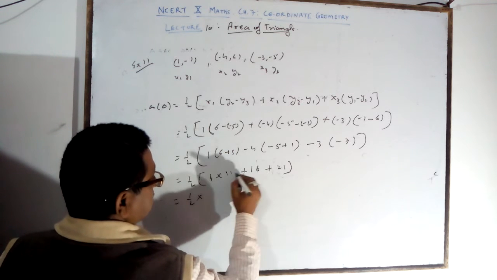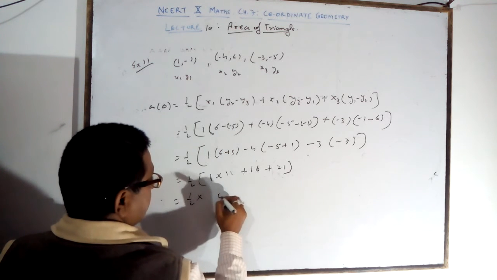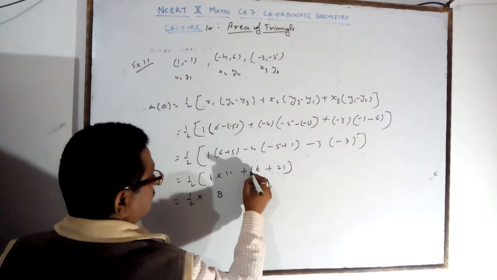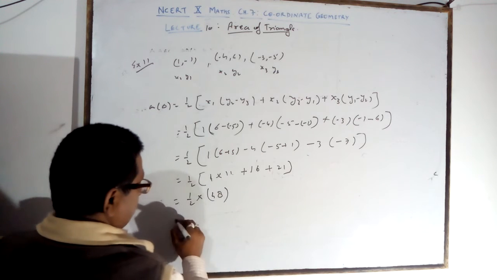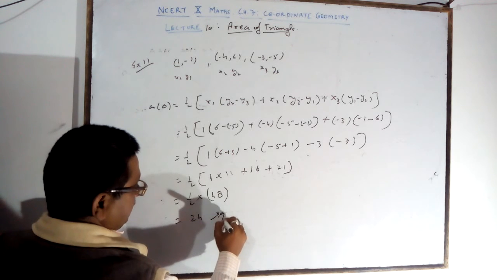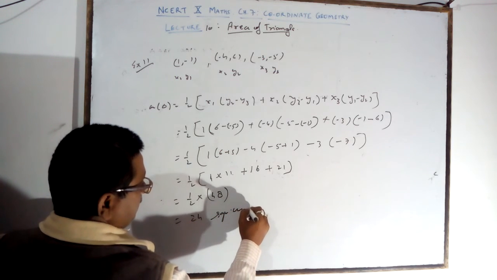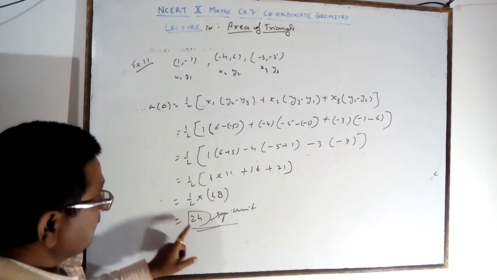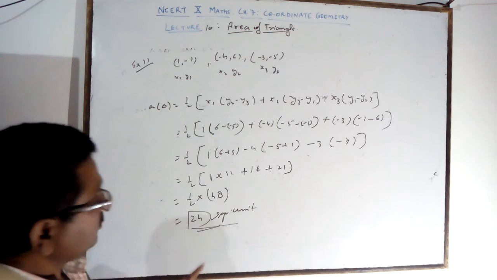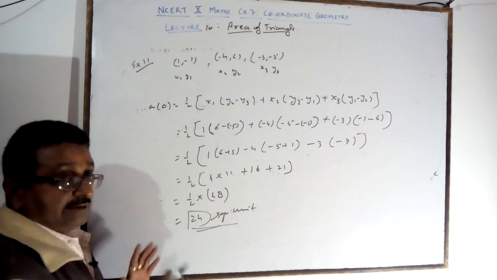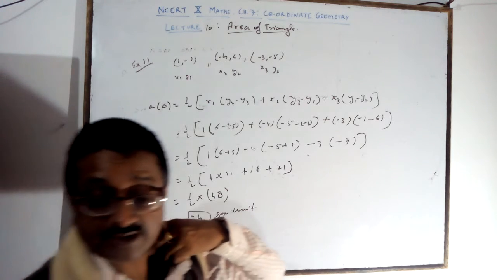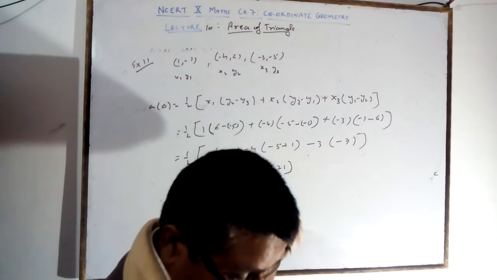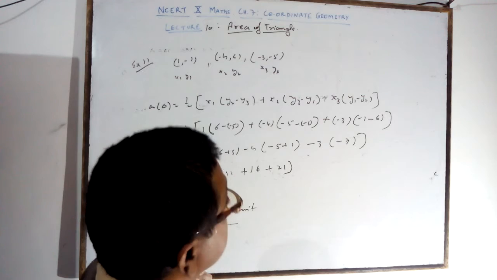So 6 plus 1, 7 plus 1, 8. 2, 3, 4, 48, and that is 24 square unit. If the answer is coming negative, if the answer is coming minus 24, then also you write area of triangle in positive form. The area of triangle, even if it is negative, will be written positive.